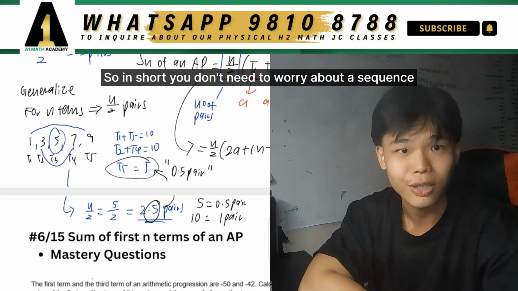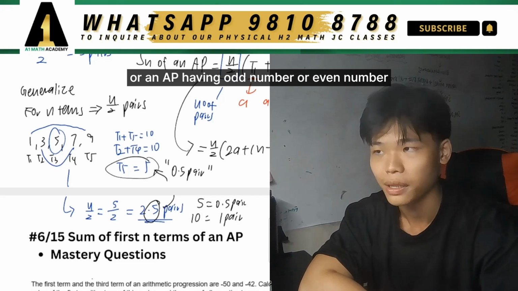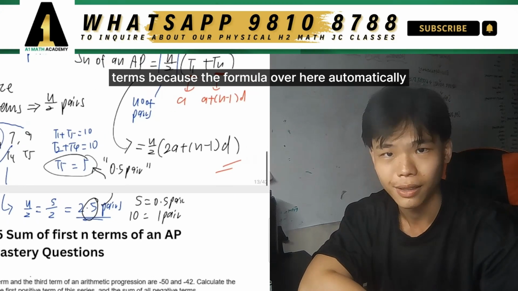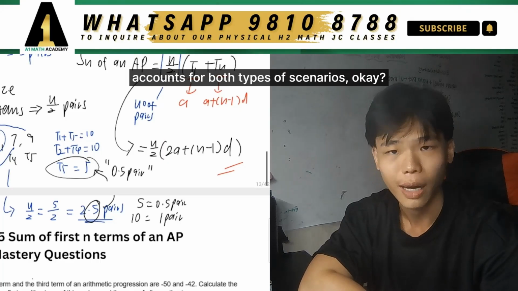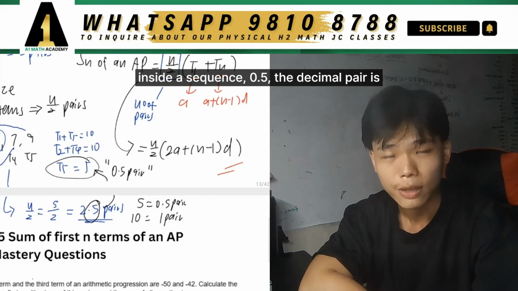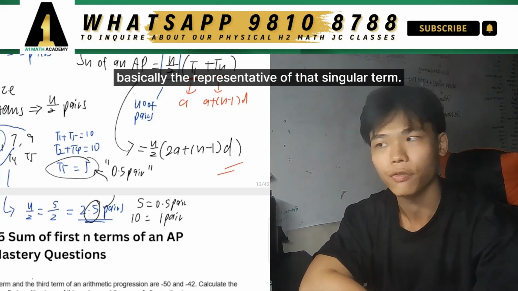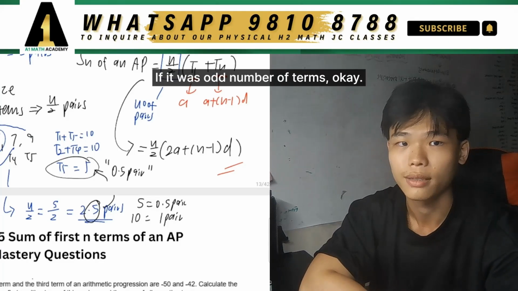So in short, you don't need to worry about an AP having an odd or even number of terms, because the formula automatically accounts for both scenarios. If you have an odd number of terms, the 0.5, the decimal pair, is the representative of that singular term.